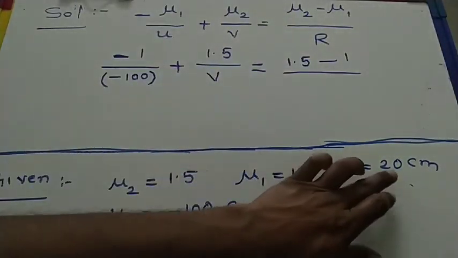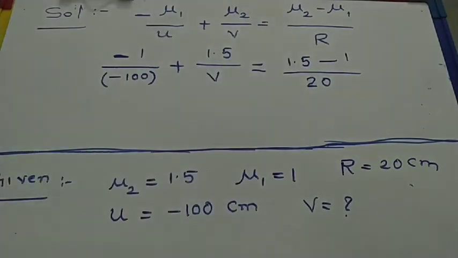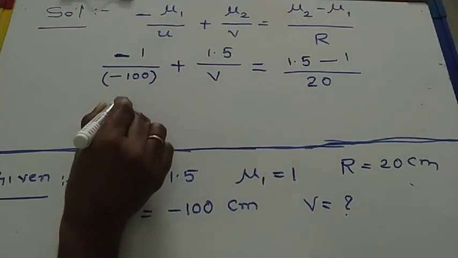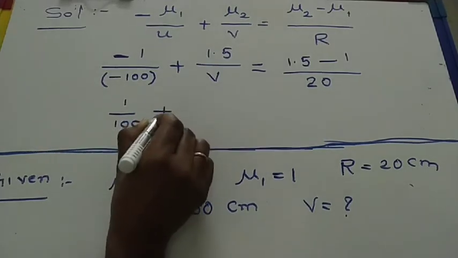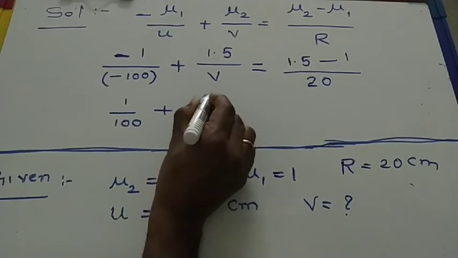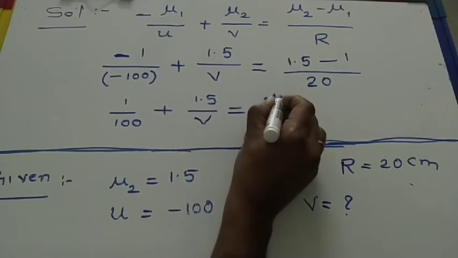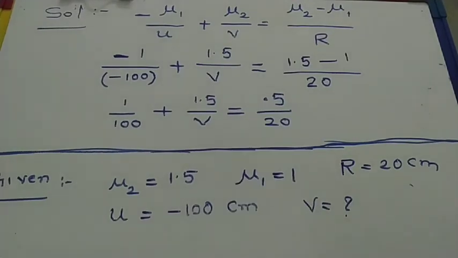Radius of curvature. How much? 20 centimeters. Okay. Now that is equal to 1 by 100 plus 1.5 by v is equal to 0.5 by 20. Okay, please observe carefully.